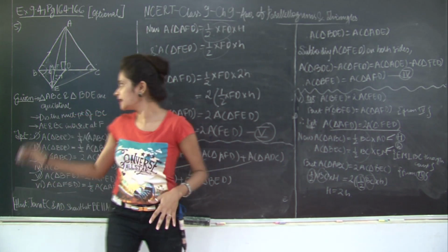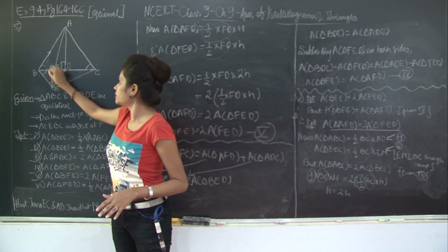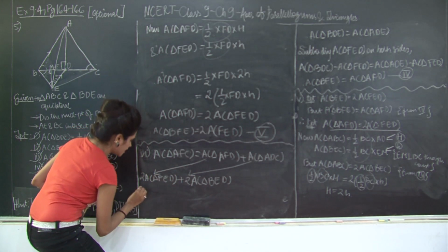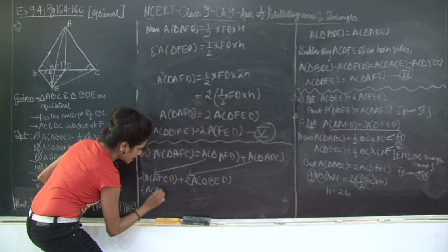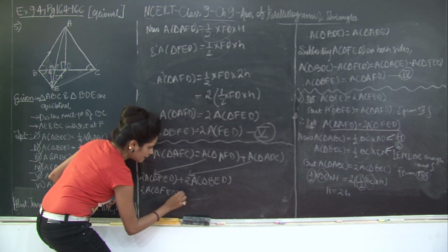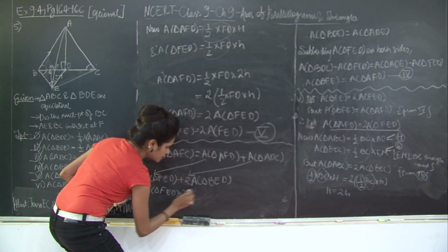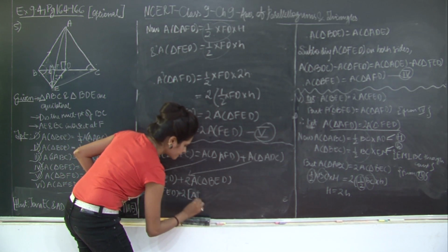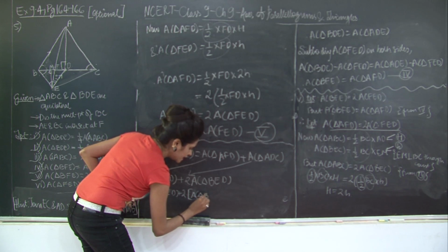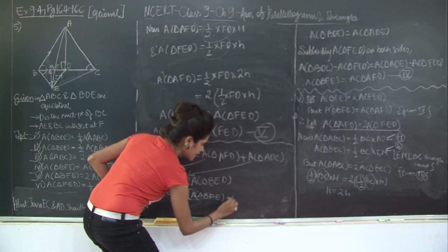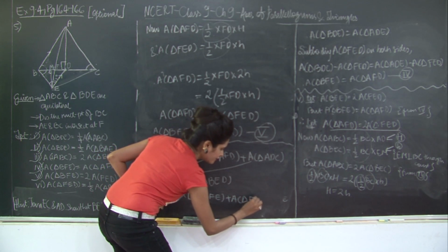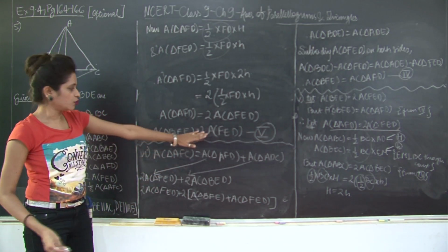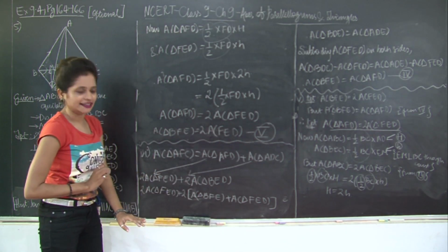Now let's further split BED. See, because here in BED we are seeing FED, right? So let's split it. As I said, this part will be untouched, area of triangle FED plus twice into area of triangle BFE plus area of triangle FED. So now we have proved that BFE is twice of FED, correct?